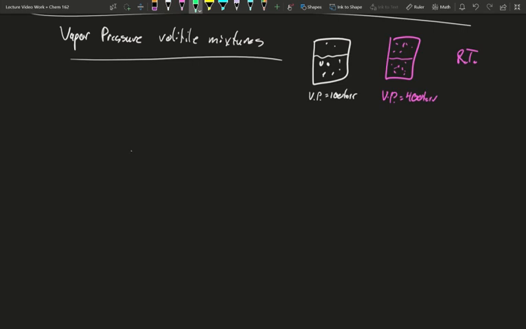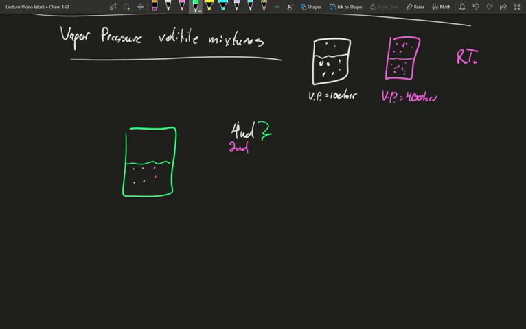Well, let's mix them. So I set it up, I make a mixture, and we're going to say it's 2/3 the white material and 1/3 the purple. This means we could find mole fractions. And so we'll just say that I have 4 moles of the white material, I have 2 moles of the purple material.